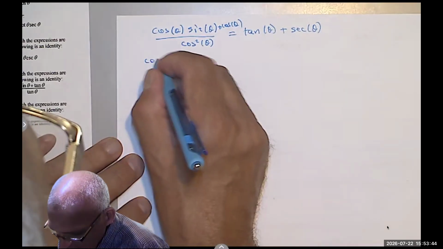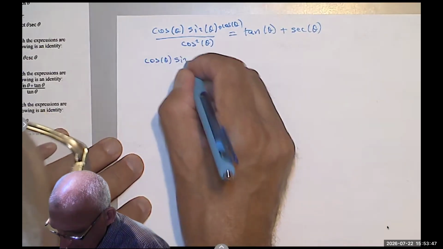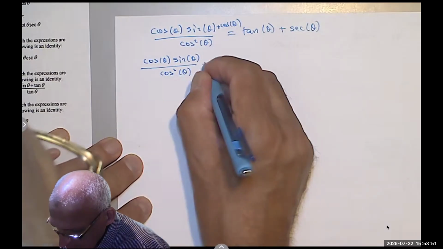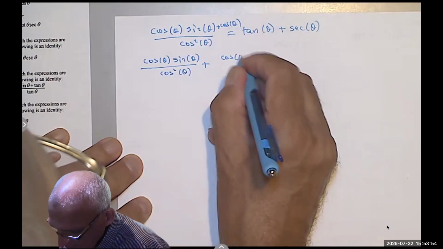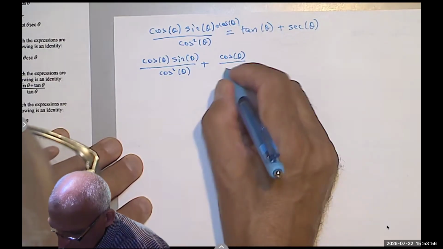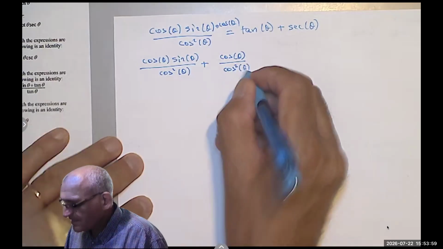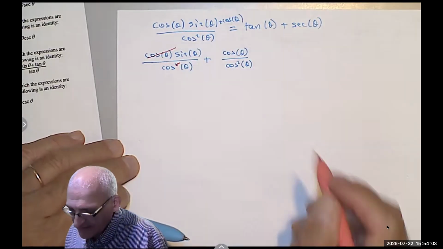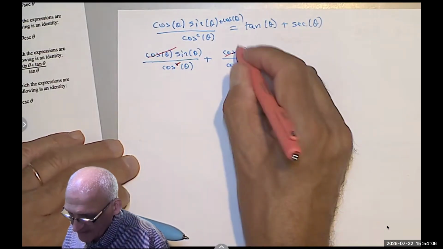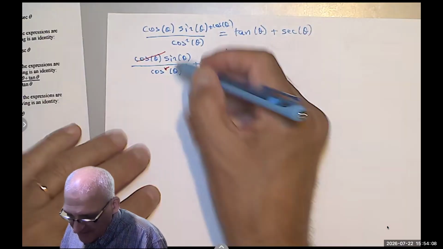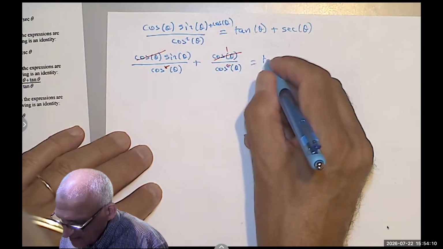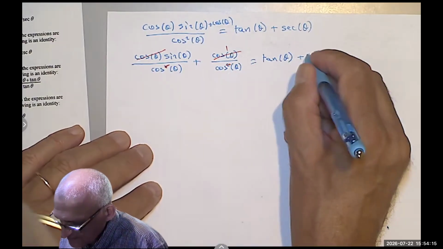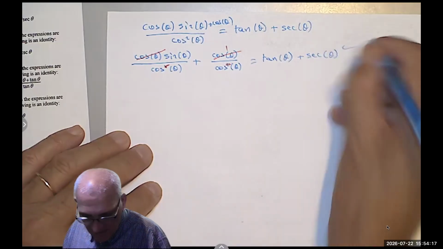So I can say cos theta sine theta over cos square theta plus cos theta over cos square theta. And then I simplify. It's very easy. I will divide this and this with that. So the first term is sine over cosine, which is tan. The second term is 1 over cosine, which is secant. So that's easy.